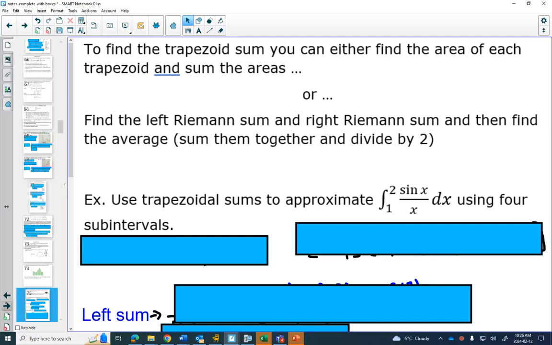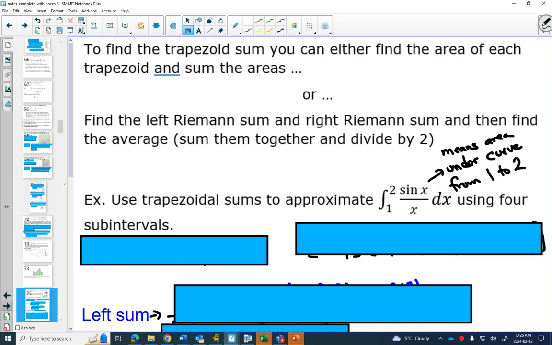So let's just dive into a nice, crazy area question. A graph that you can visualize quite easily, sine x over x. And we're going to find the area from 1 to 2. So this part here means the area under the curve.